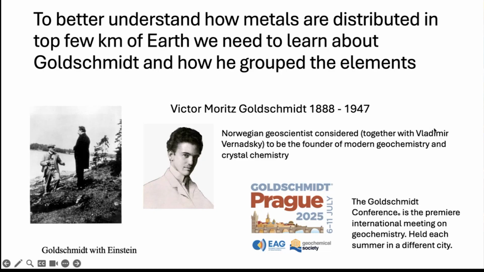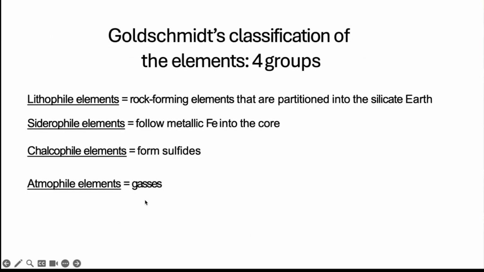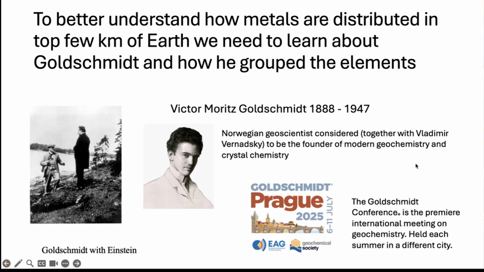He was a Norwegian geoscientist who worked with Vladimir Vernadsky, who was a really talented, remarkable Ukrainian geochemist, to be the founder of modern geochemistry and crystal chemistry. And we celebrate his life every year with the Goldschmidt Conference, which this year was in Prague.